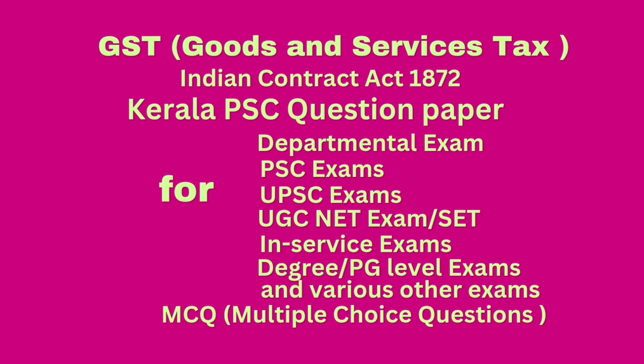Option C. The details of outward supplies shall be submitted in form GSTR 1 by all the registered taxable persons other than ISD, non-resident taxpayer, and a person paying tax under Section 10, Section 51, and Section 52. Option D, all of the above. Correct answer, option D, all of the above.